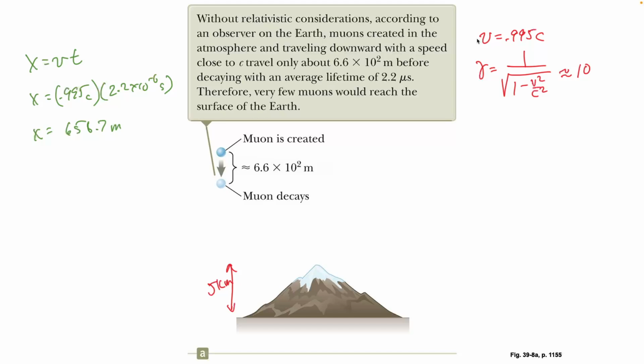It's not moving. Unless you had a really good spring break. But that's a proper length, according to the Earth. But from the point of view of the mu meson, it sees that 5 kilometers in motion. So is the mu meson going to measure a proper length? It's going to measure a contracted length. And how contracted is it going to get?